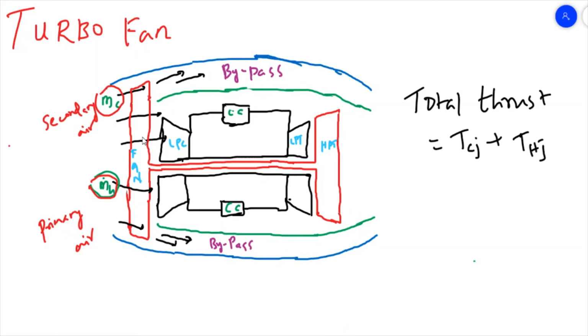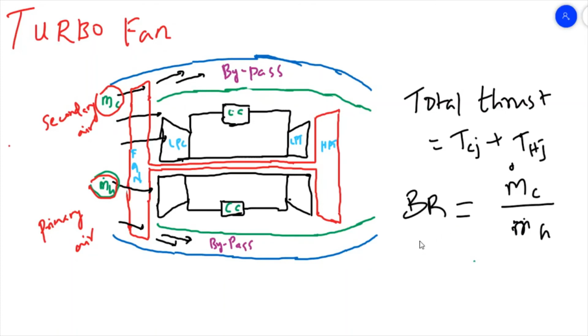The other thing is this engine has something called bypass ratio. Bypass ratio is the ratio of the mass flow rate of the cold air divided by the mass flow rate of the hot air. So this is what we call bypass ratio.